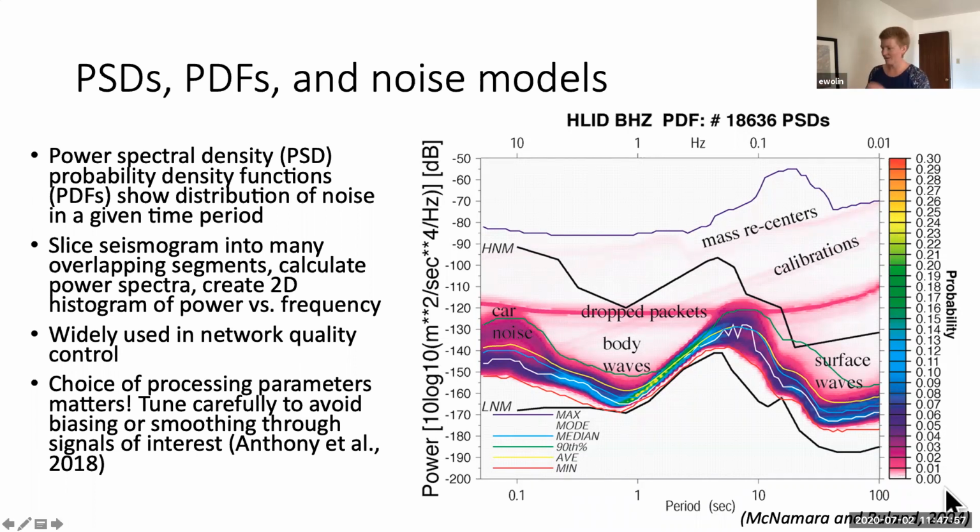The original algorithm that was described by the McNamara and Buland paper is appropriate to use for network QC, but if you are trying to do things like studying the variation of cultural noise or the changes in microseism amplitudes over time, you need to make sure that you're using parameters that allow you to resolve those. And there's a good paper out recently by my colleagues, this should be 2020, not 2018, on how to choose those windowing and smoothing parameters for your power spectral density plots.